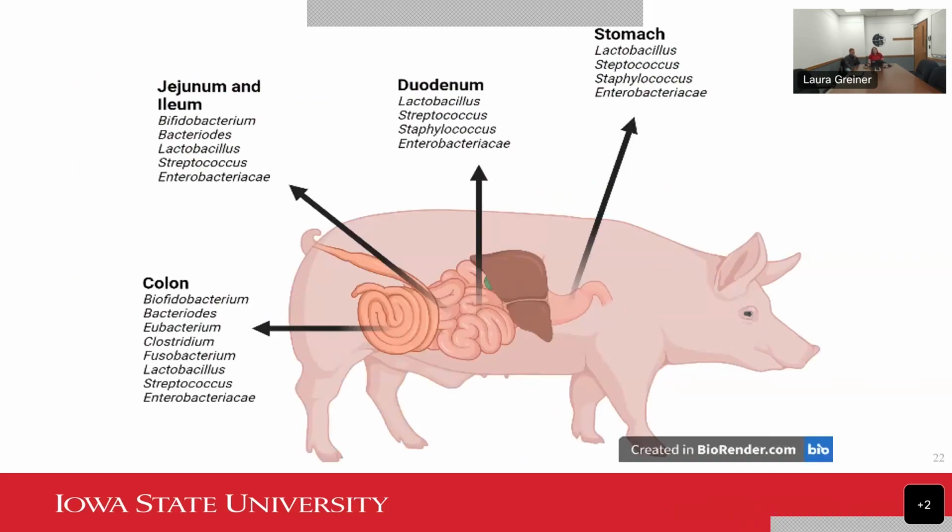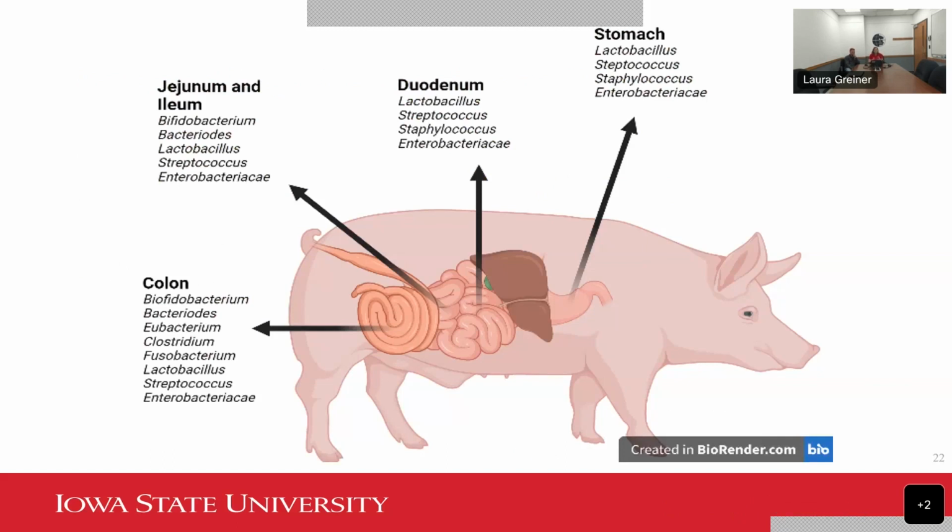So within the gut itself, again, it's not all the same community from stomach to colon. We actually do see that within the gut, different fractions or different communities are set up within those microbiomes. This is a very simplistic diagram that I'm putting up to show you a couple of different organisms that are present within the different locations of the pig.